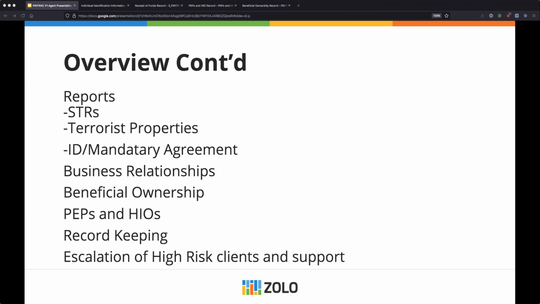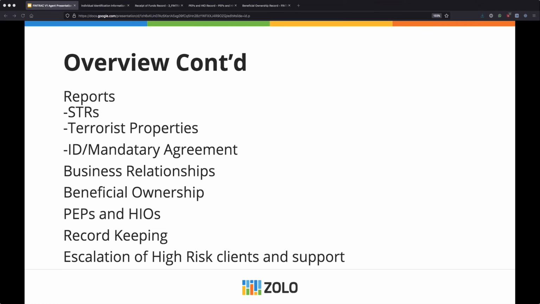Continuing with reports, there's suspicious transaction reports and terrorist property reports. There's also the ID and mandatory agreement. Diving further into Fintrac compliance, business relationships, we will be defining those and what needs to be recorded. Beneficial ownership forms, which are new for June, as of June 1st, 2021.